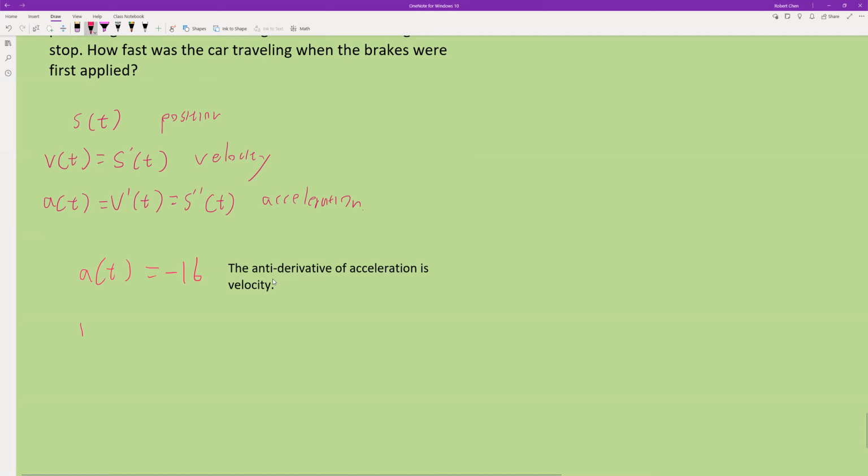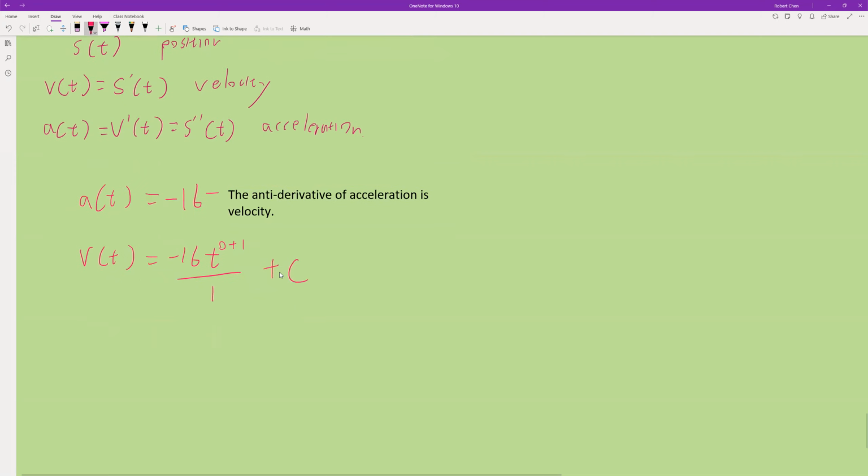That means v of t is negative 16 t to the power of 0 plus 1 over 1, because a constant is a constant multiplied by the variable to the power of 0. When we perform the antiderivative, we add one to the power of the variable. So we have t to the first power, plus a constant c. The velocity is negative 16 t plus c.